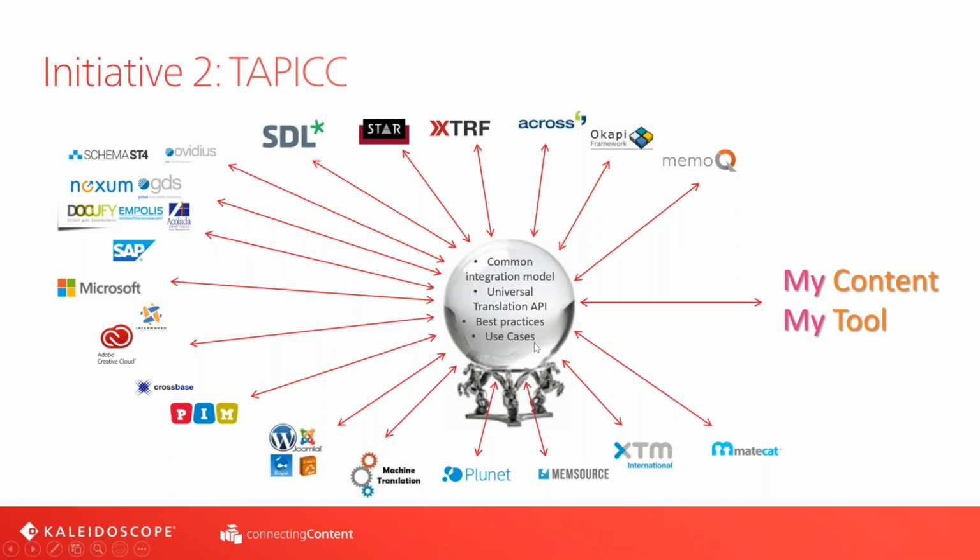And we also want to give use cases, particularly again to externals that want to connect to our systems, so that whatever content you have or whatever tool you have that wants to trigger some translation, it always uses this standardized method, this standardized data model, and standardized APIs and best practices, etc. And then it can automatically talk to each other system that supports TAPICC.